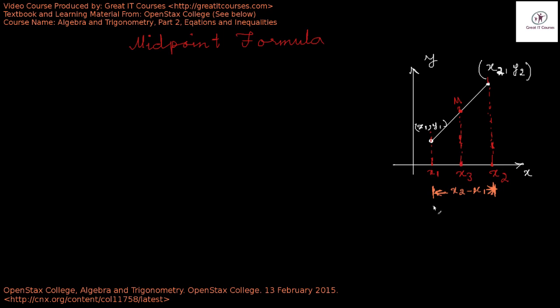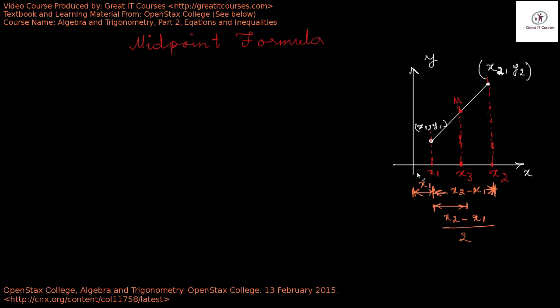So then this distance, x1 to x3, is going to be x2 minus x1 divided by 2. This is going to be the distance between x1 and x3. And we already know that this distance from here to here is x1.